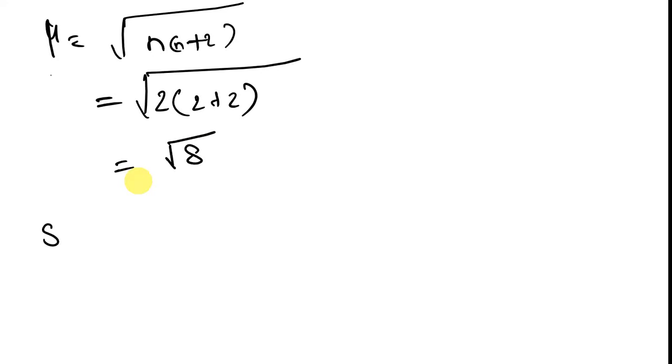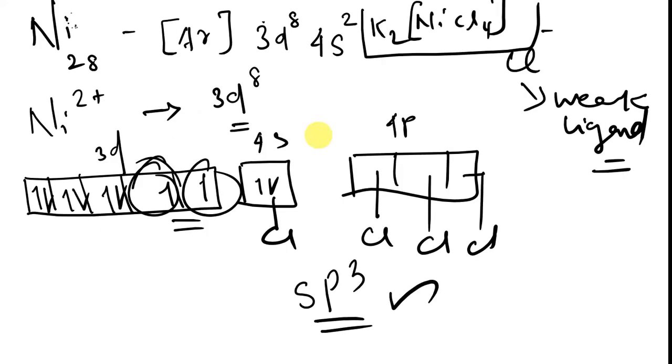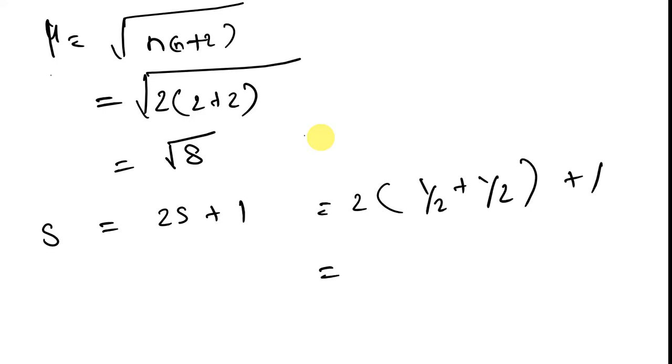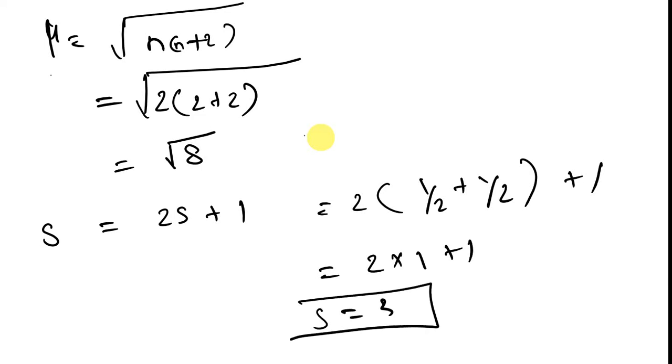And spin multiplicity: how many unpaired electrons are there? 2 electrons are there. The formula is 2S plus 1, so 2 into half plus 1 is equal to 2 into 1 plus 1, that is equal to 3. So S is equal to 1 here. The spin multiplicity is 3 here.